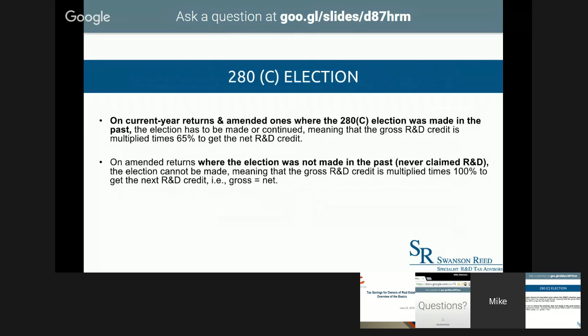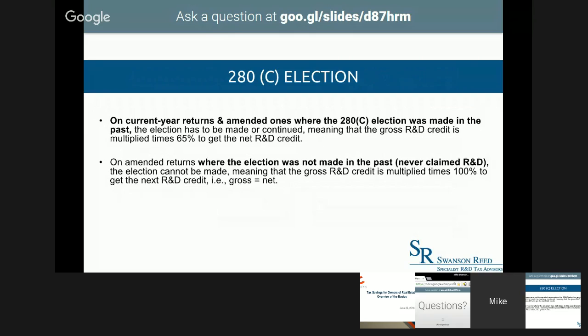The reason for that is that the expenses you're claiming as research expenses were already claimed as ordinary business expenses. The amended returns have a mechanism in them where they will back those expenses out so that you don't count them twice when you take a credit.